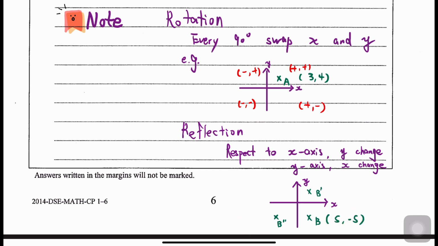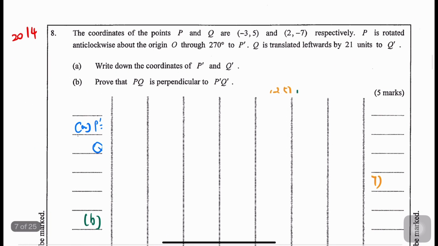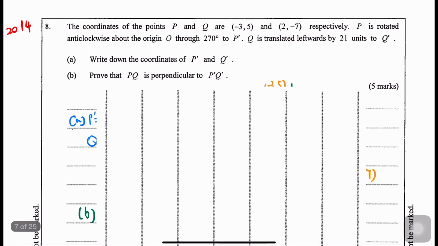Okay, here's the note for rotation and reflection. Then it comes to our 2014 paper, the coordinates of Q and P, given by this one. It tells you P rotates anti-clockwise 270 degrees to P dot, and Q is translated leftward.